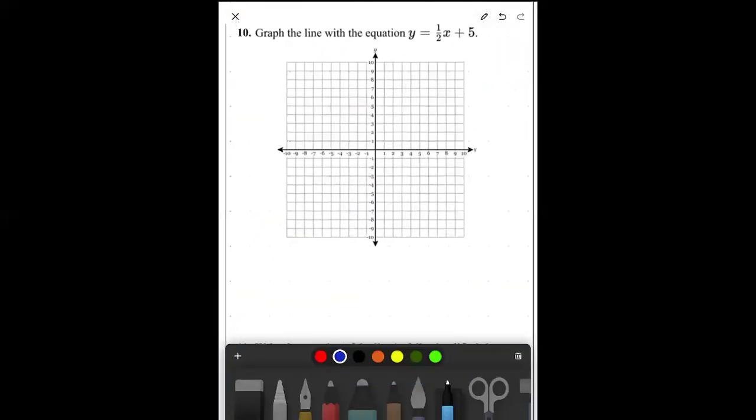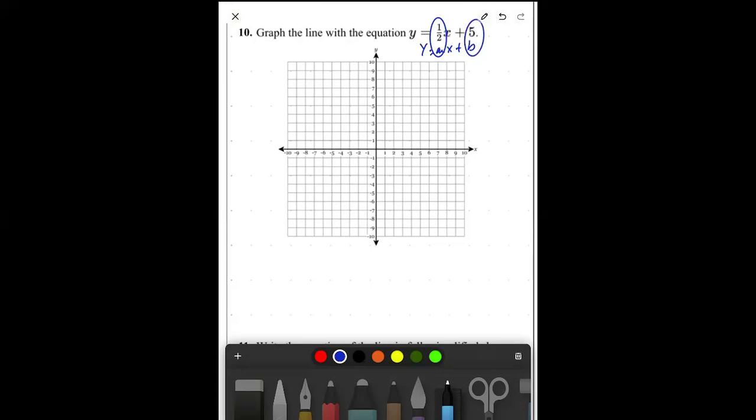Now this one, instead of giving us explicitly the y-intercept and the slope, they've given us the equation for a line, but they've given it in slope-intercept form. So this is y equals mx plus b. So this is the slope and this is the y-intercept. So I'm going to go to the y-axis and I'm going to go to a +5 and plot it right here.